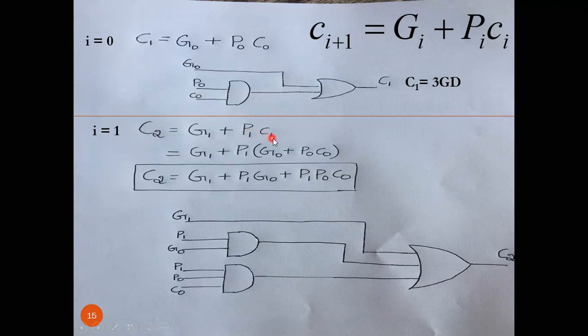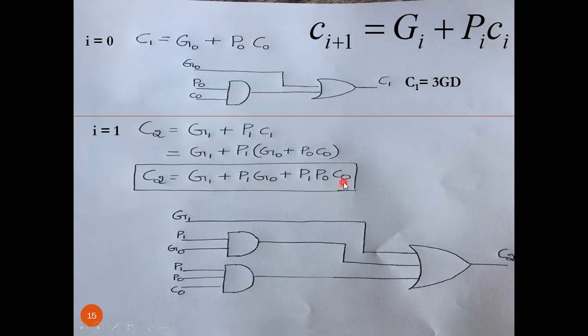So what is C1 from our previous expression? G0 plus P0 into C0. So substituting it in G1 plus P1 into C1, C2 will now be G1 plus P1 G0 plus P1 P0 C0. Now, if you see our C2 expression, it is independent of C1.